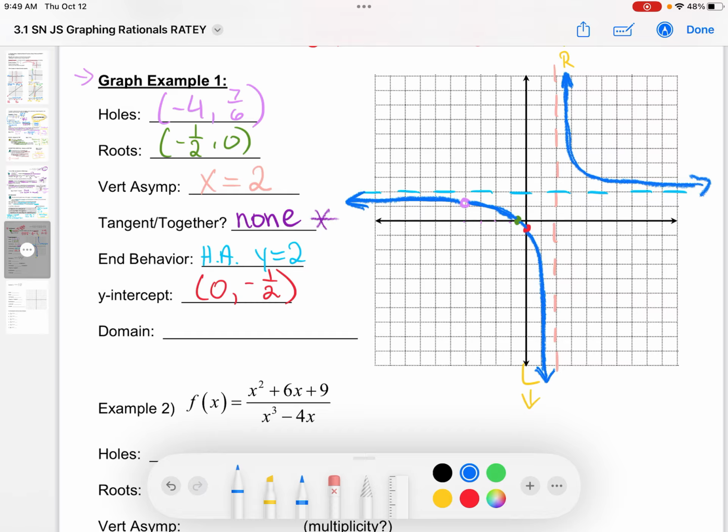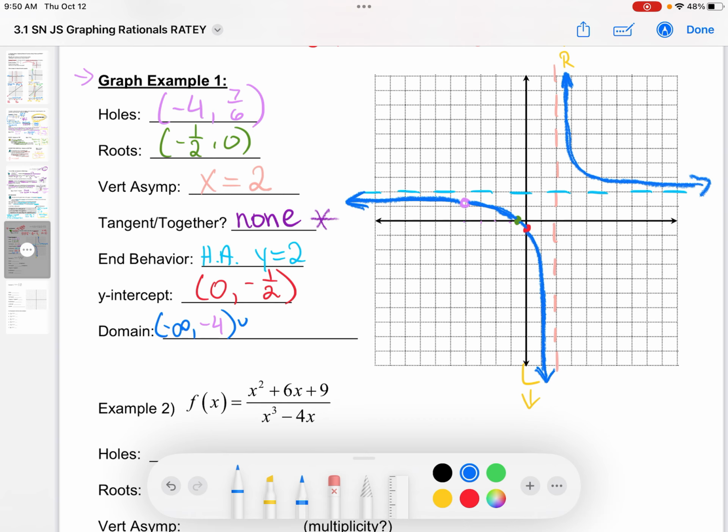And one last thing here, let's talk about the domain of this graph. Domains break up at holes and at vertical asymptotes. So we start here on the left at -infinity. We go until we get to that first break, which is this hole at x equaling -4.